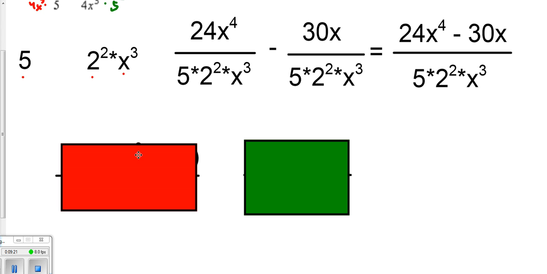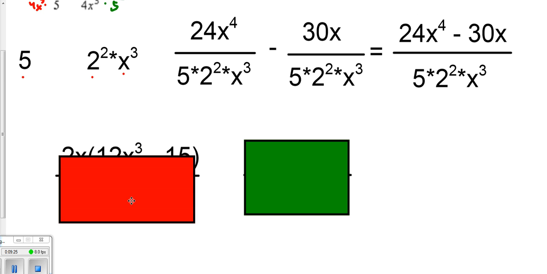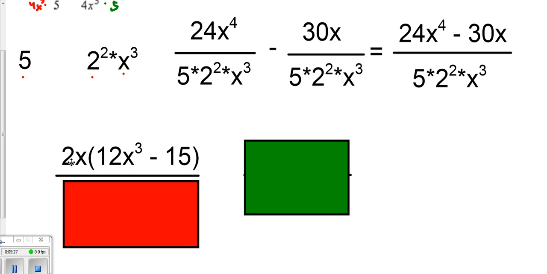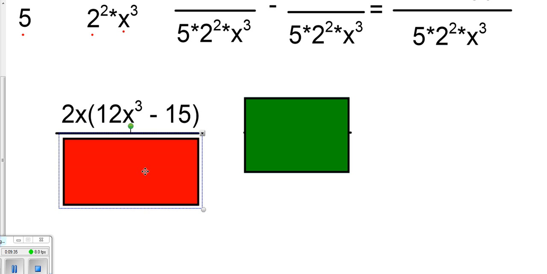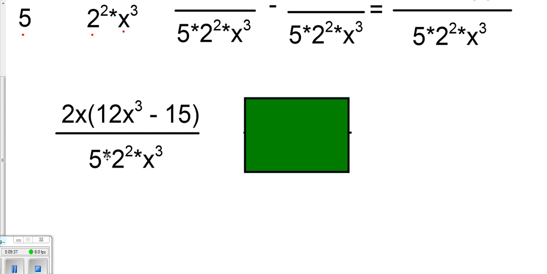So we can take x out of both of these, and we can take 2 out of both of these. So let's factor out 2x on the outside, which leaves us with 12x cubed minus 15 on the inside. Now our denominator stays as 5 times 2 squared times x cubed.